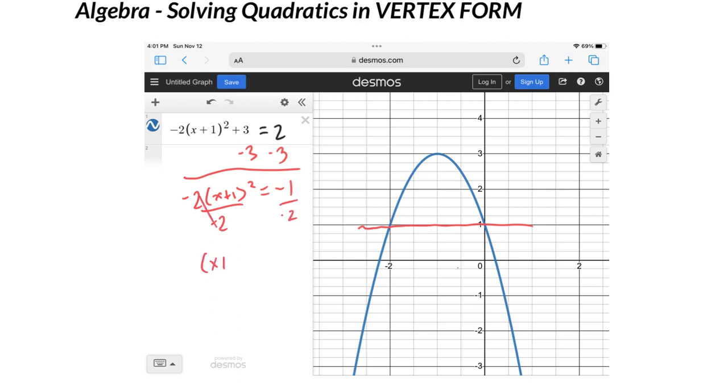So x plus 1 squared equals 1/2 or 0.5. And then you take the square root. Well, that's not a nice answer. So you have x plus 1 equals plus or minus the square root of 1/2, like that. And then you subtract 1 just like always, and you just leave your answer like this. If the square root doesn't come out nice, if it's not a nice whole value, we just leave it under the root. That's simplified. Then we don't have to use decimals. We don't have to round. We can write it just like this.